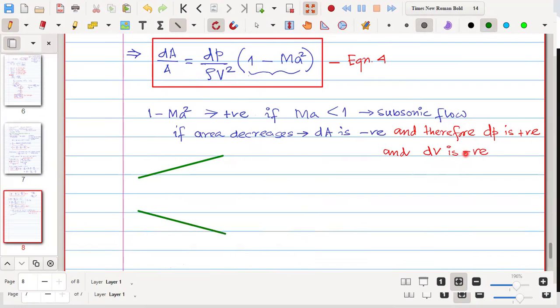Now, therefore, you see that in this direction flow is taking place. And area is increased.